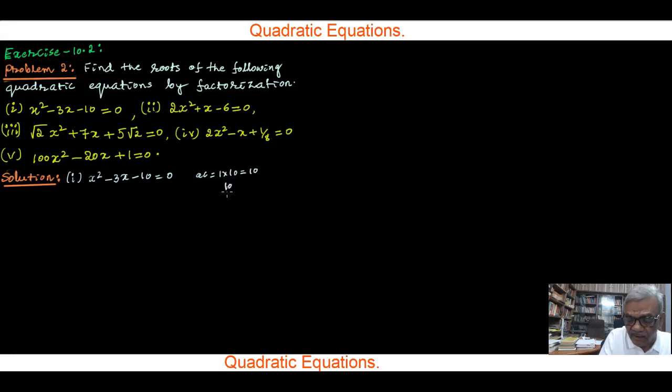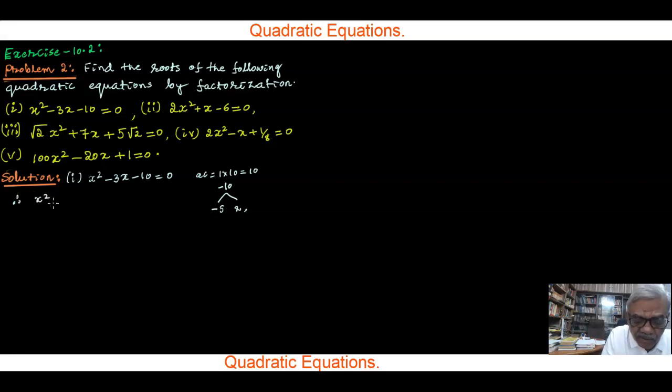This minus 10 can be factorized into two groups, minus 5 and 2, which are the factors of minus 10.